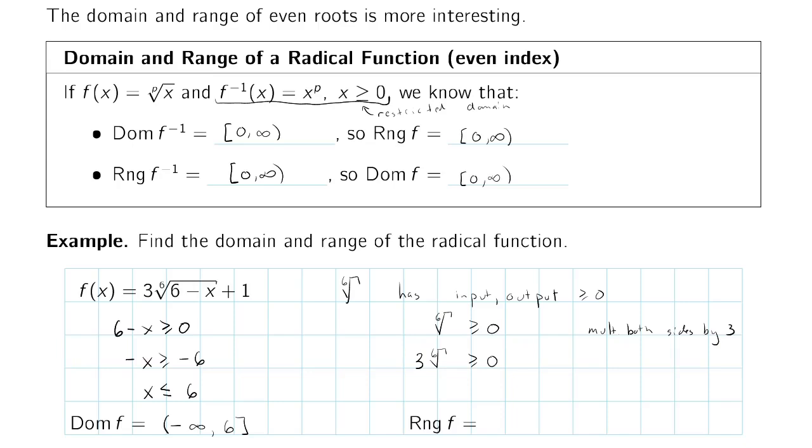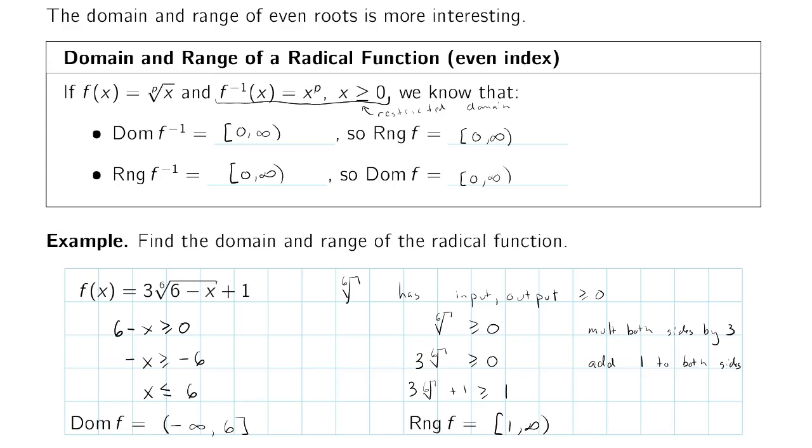And then after it's multiplied by 3, it's having 1 added. So now I have 3 times the 6th root plus 1 is greater than or equal to 0 plus 1, which is 1. So the range of this function consists of everything greater than or equal to 1, so 1 up to infinity.